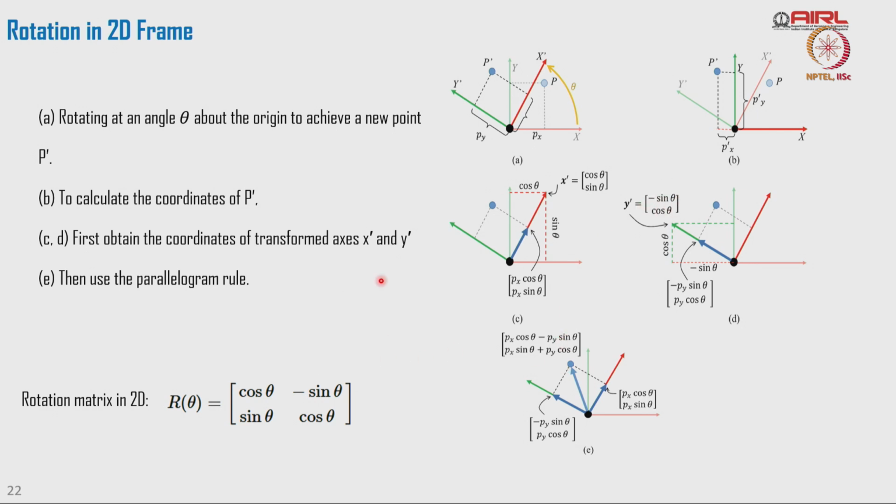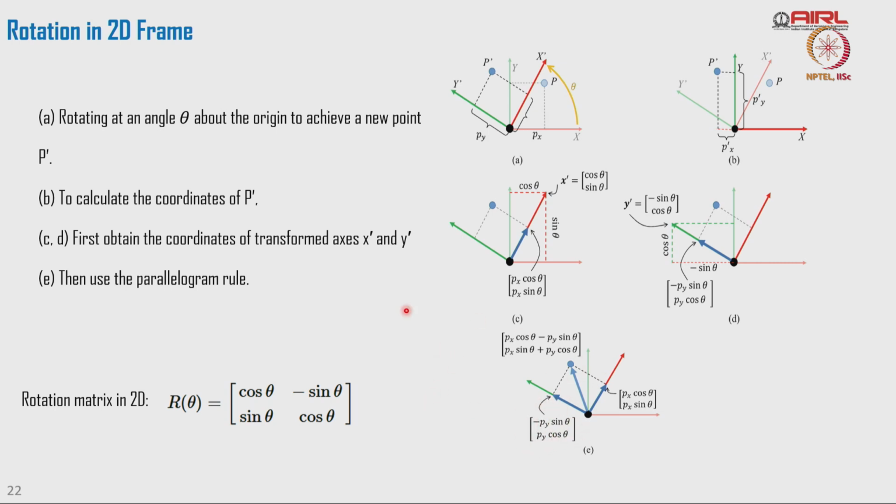And if I am translating a point P to P prime, then this Px will become Px cos theta and Px sin theta, and the y will become minus Py sin theta and Py cos theta.